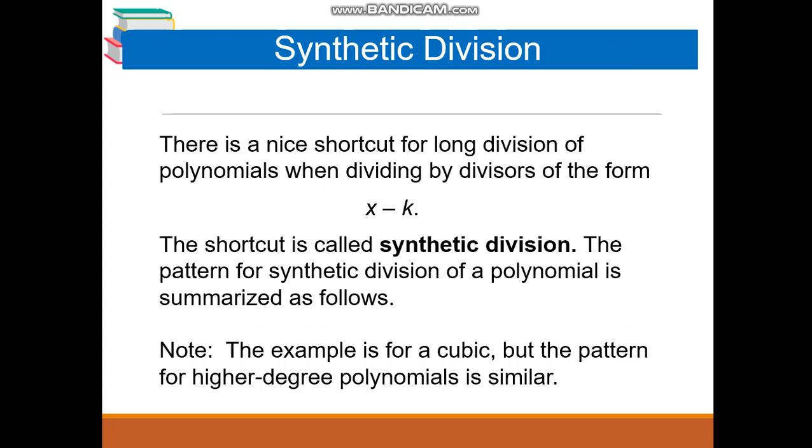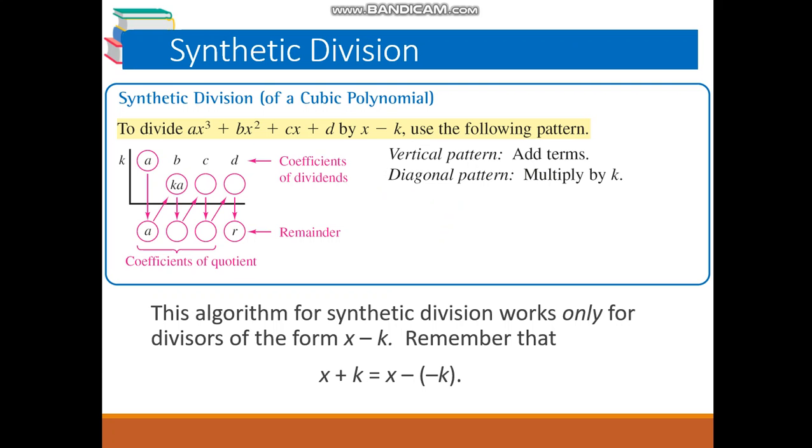So synthetic division is a shortcut that works when we're dividing by something in this form. It has to be x minus k. The example on the next slide is for a cubic, but the pattern holds even if we have higher degree polynomials.